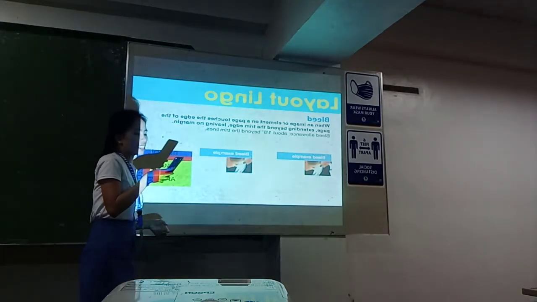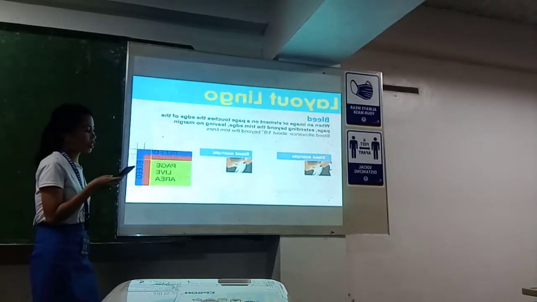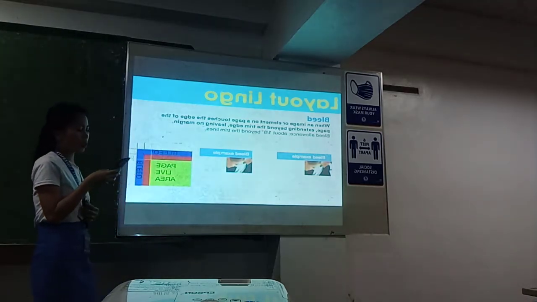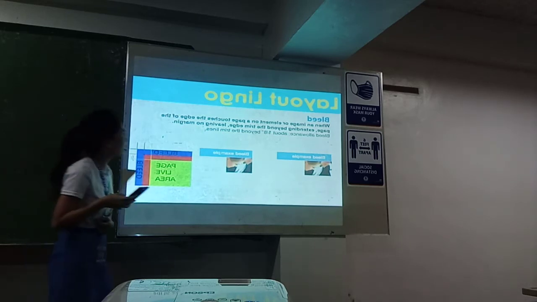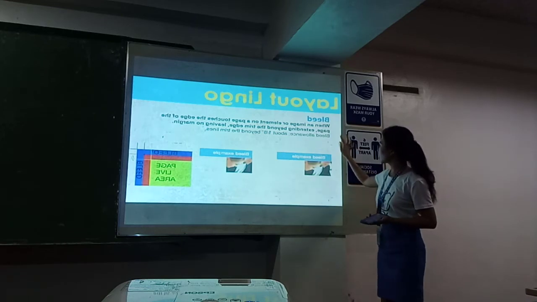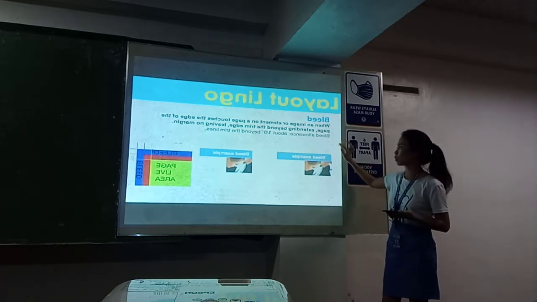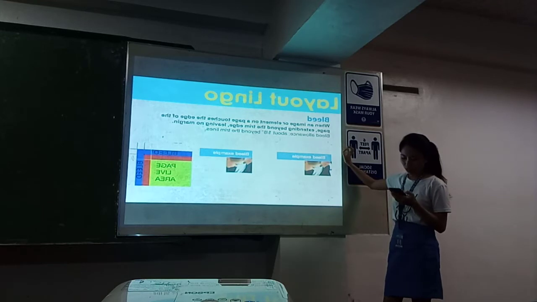The bleed is the extra space or image or background color that extends beyond the trim area of your printing piece. So for example, we have a picture here and then there is another space beyond the trimming line, and this is what we call the bleed.